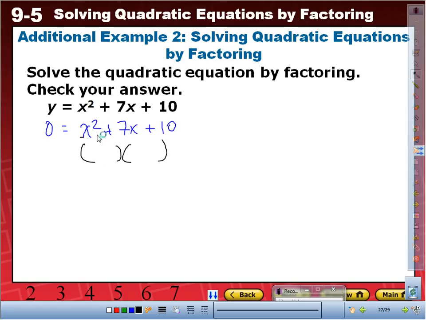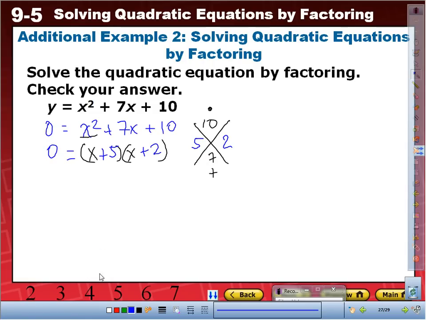And we factor the first term, which is x and x. Get our power rangers. 10 is our product. 7 is our sum. Turn to your neighbor and know those factors. 5 and 2. Positive 5, positive 2. Bring down the equal and the 0. Next step.